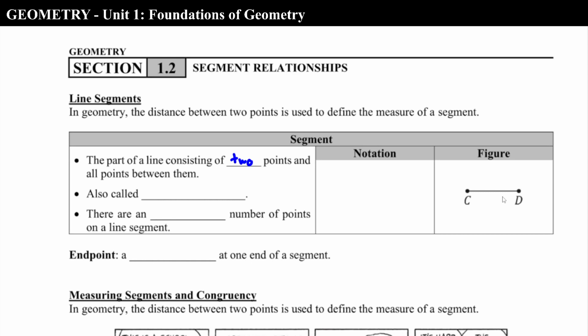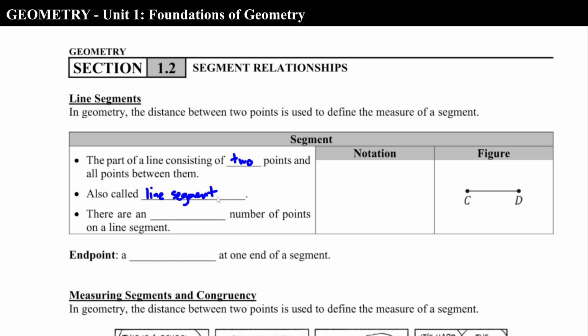So we call this a segment. It is also called a line segment. When we say the word segment, we're typically talking about a line, and if you want to put the word line in front of it just to help you remember that we're talking about a line segment, then you can do that.